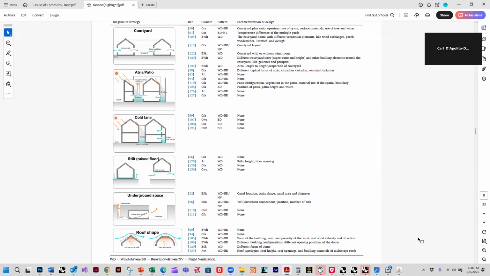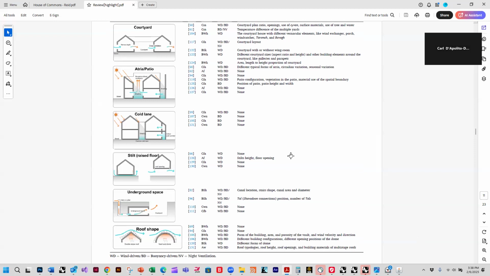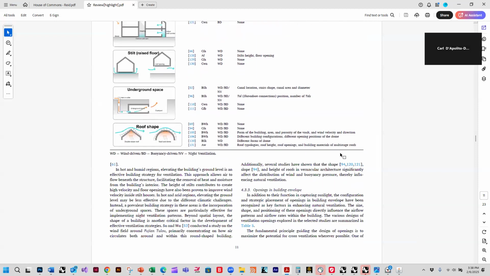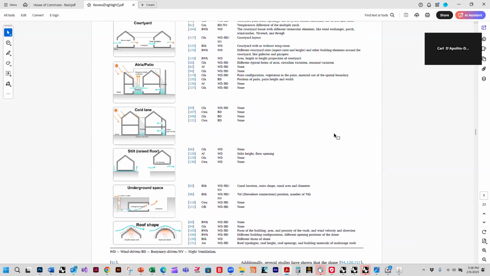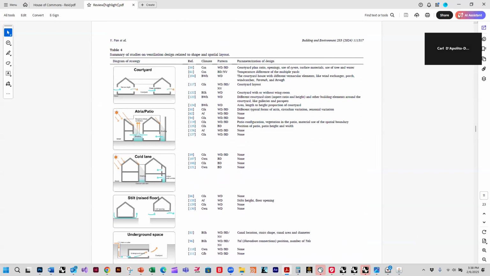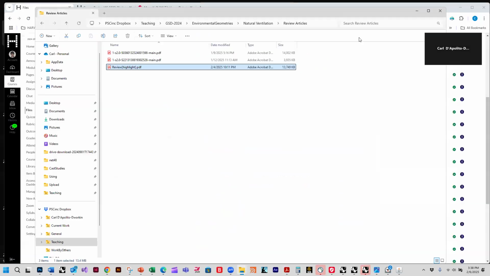So you can do it with shape, you can do it by making something narrow, or you can do it with a temperature difference. Okay, and I'll go through these again when I talk about the specific things. But all vernacular architecture essentially works on these principles.